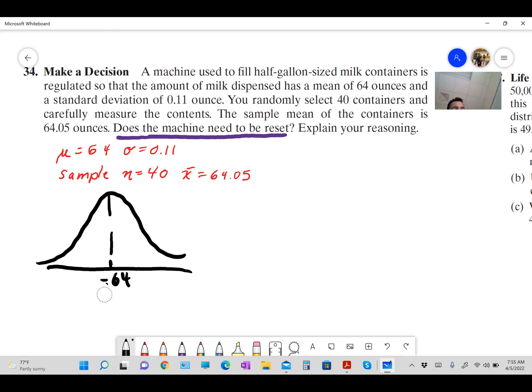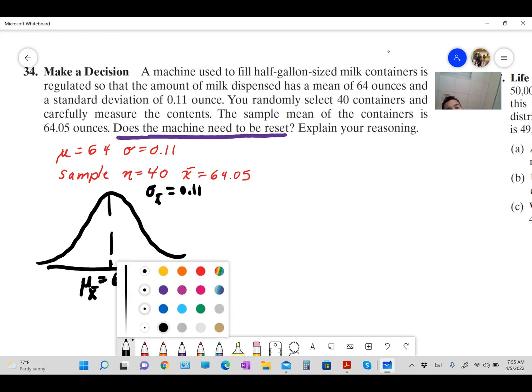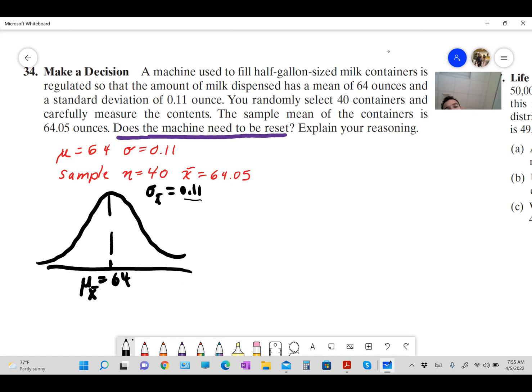The mean of the means should be 64, and sigma x bar should be 0.11 divided by the square root of the sample size, in this case 40. And we know that 64.05 is somewhere over here.